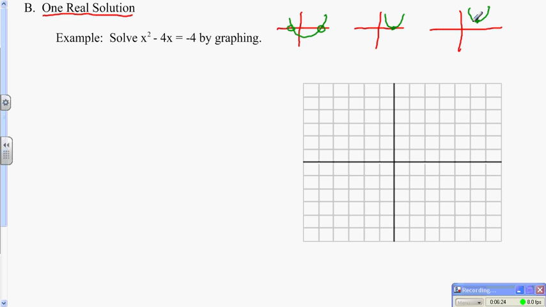So in this case now, where we're talking about having one real solution, it's going to look something like this. Now I put it in the first quadrant. That's not guaranteed. So we add 4 to both sides, set equal to 0.